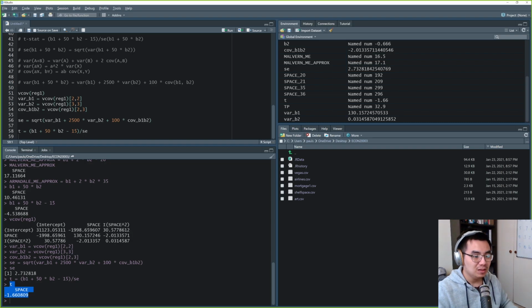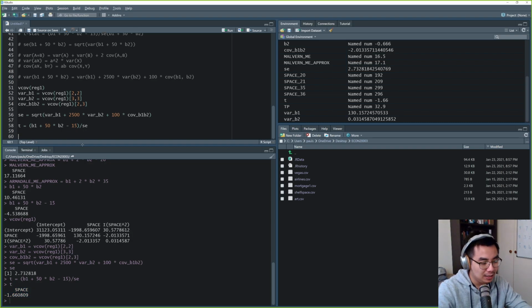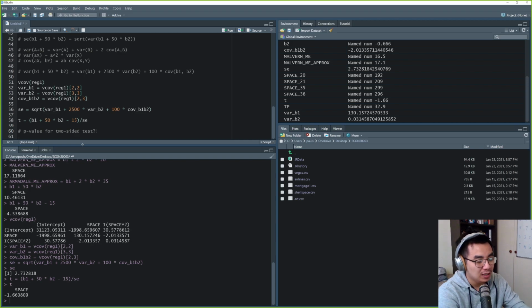Now, this is a two-sided test. How do you calculate the p-value for a two-sided test manually? The first thing is you need to realize which side of the distribution you're coming in from. Are you coming in from the left or from the right? I'll give you the basic gist of it. If the test statistic is negative, that means you come in from the lower tail.